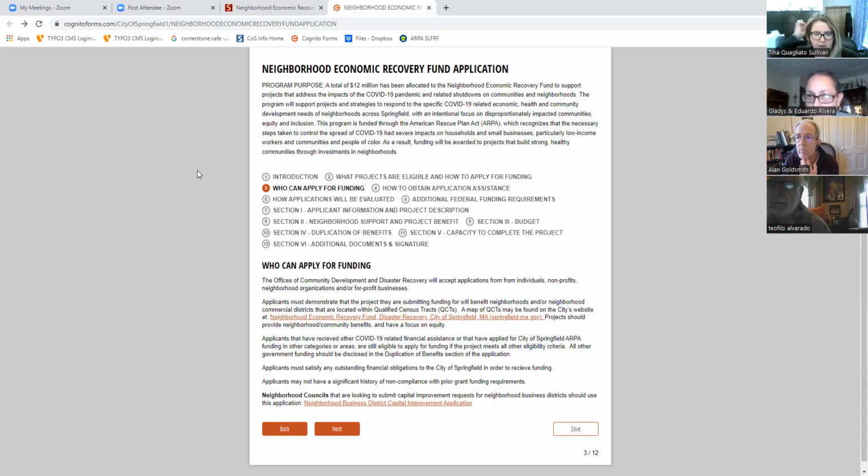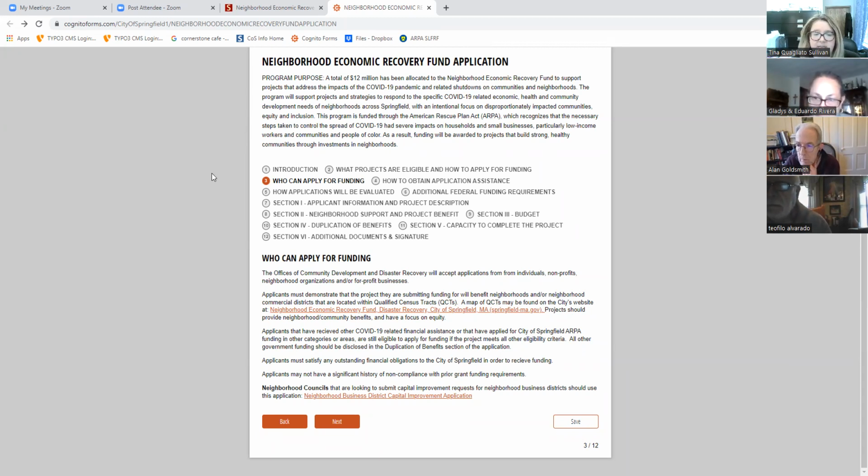Sure. Okay, so then moving on to the next section, which is who can apply for funding. Basically anyone can apply for funding. We're anticipating getting mostly applications from nonprofits, neighborhood organizations, and businesses. We included individuals mostly because we anticipated that there may be some instances where individuals are doing business as, so that's why we included that.